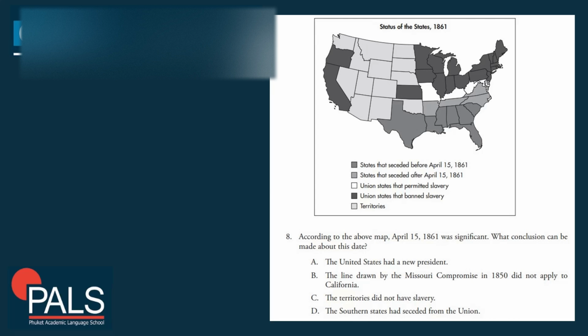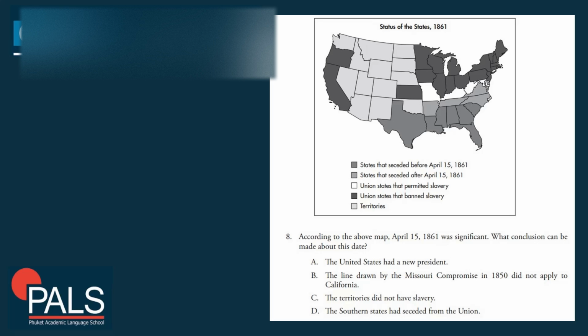Number 8. Here we have a map, 1861, the Civil War era. If you've been doing your history studies, you should be able to understand what's happening here. Question 8 asks, according to the map, April 15th, 1861 was significant. What conclusion can be made about this date?